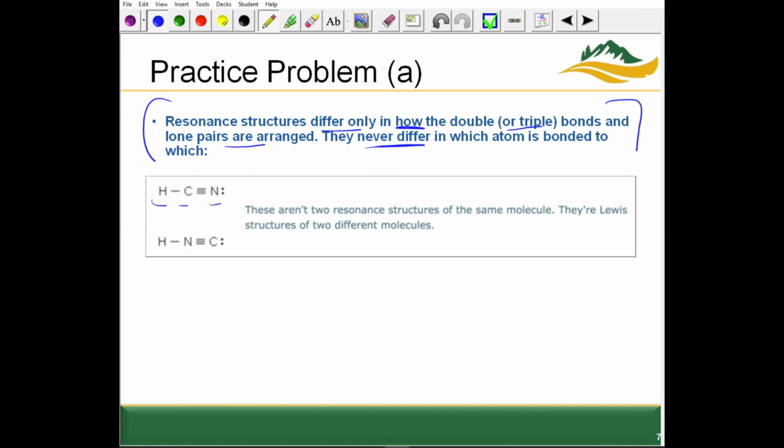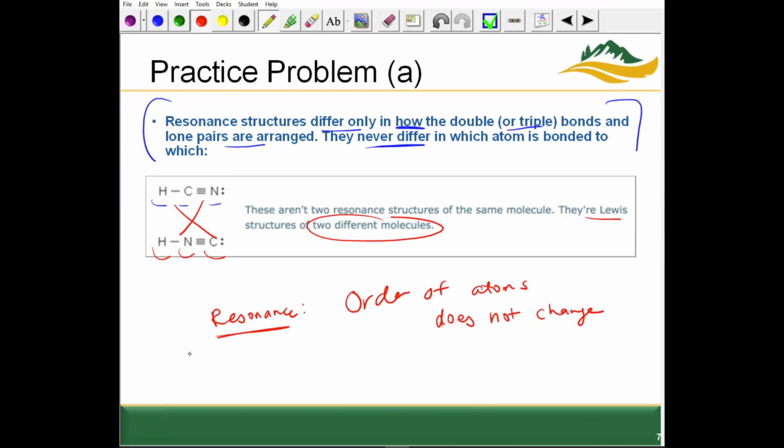If we completely change the order of the atoms to be hydrogen, nitrogen, then carbon, these are not resonant structures of one another. These are completely different molecules. So for resonance, the order of the atoms does not change. If the order of the atoms changes, we're looking at an entirely different molecule altogether.